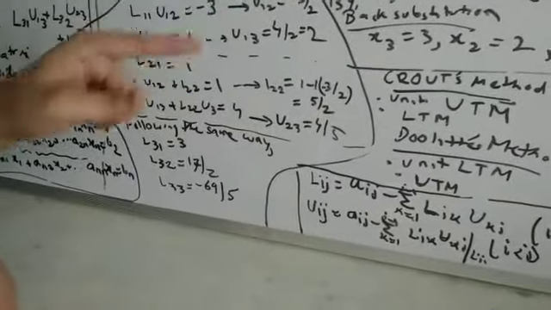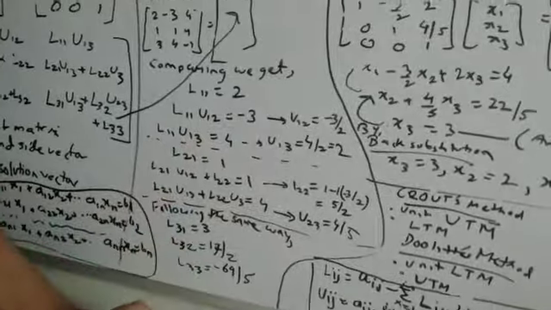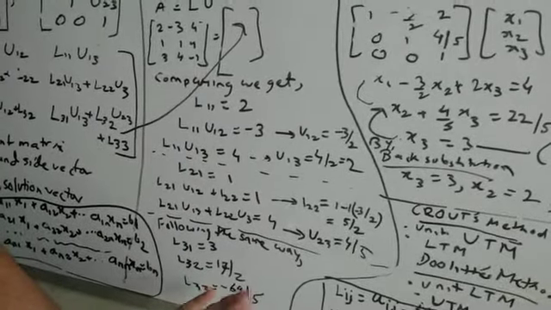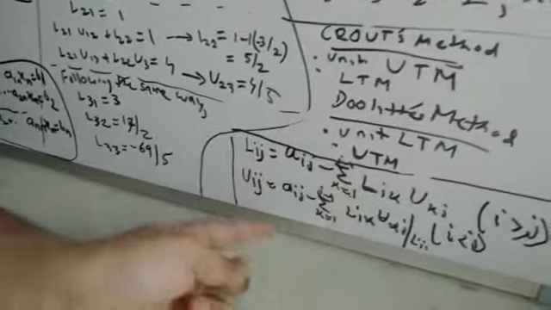Before concluding, one thing you can note down, or you can skip, no problem. See how we have calculated these U values or L values. Since it is a 3 by 3 matrix, it is easy to solve. In the exam, I hope they will ask 3 by 3. If I want to find the values of L and U, my general expression is this.